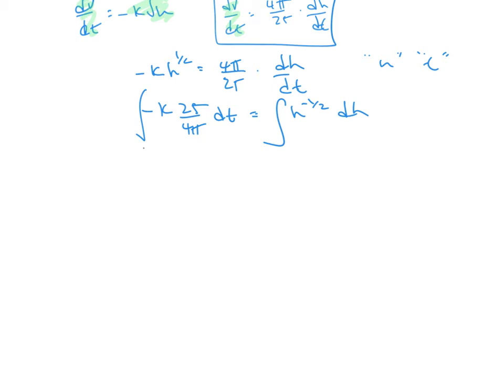When I do the left side here, I get negative 25k over 4 pi times t plus some constant c, is equal to, well, I add 1 to my exponent and multiply by the reciprocal, plus a constant, but that's just that constant there. And so I have 2h to the 1/2 and c. I need to find this value for c.